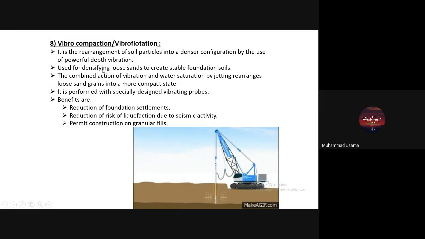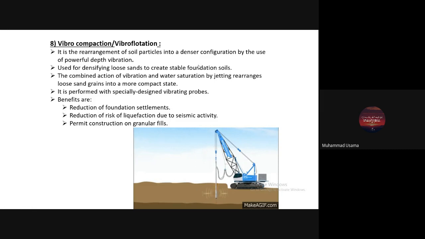The combined action of the vibration and the water saturation by jetting rearranges the loose sand grains into a more stable and compacted state. So the water is also injected with the vibrator, because when the water is injected in the earth, it helps the soil to rearrange its position, and thus the soil is rearranged in a stable configuration.